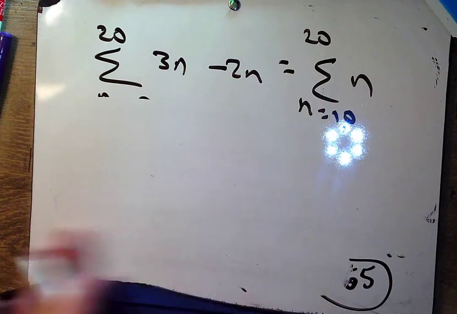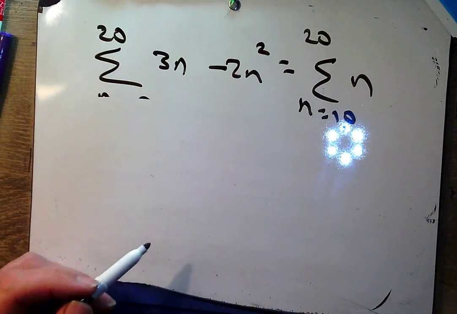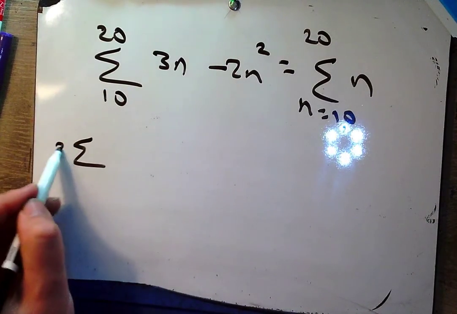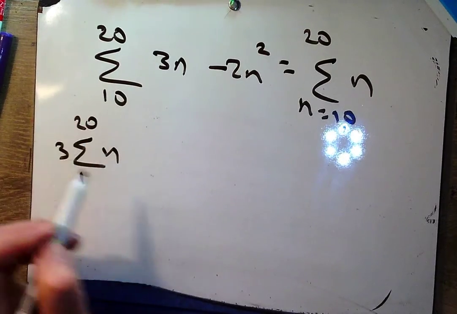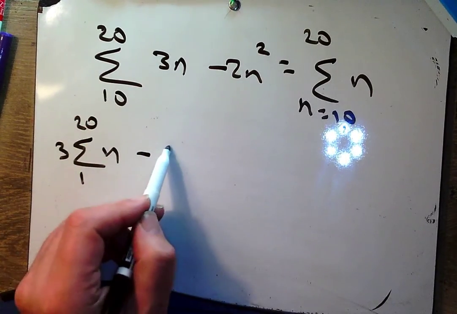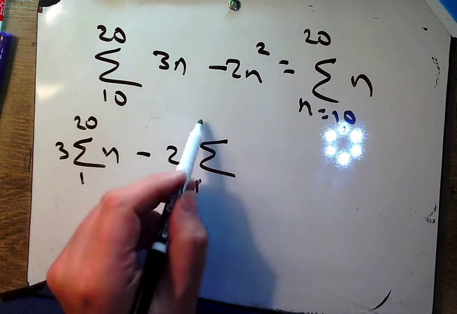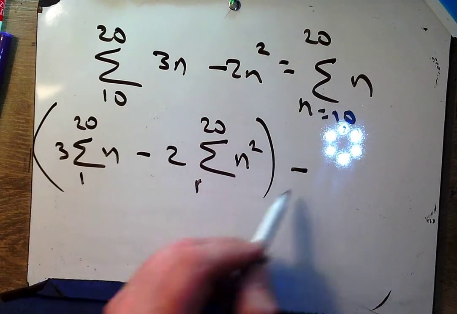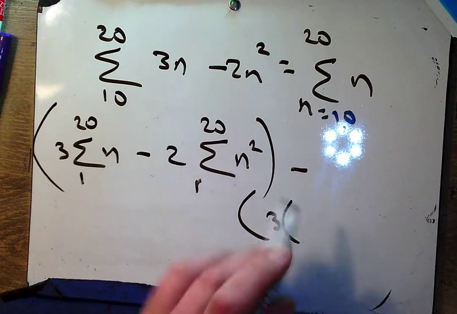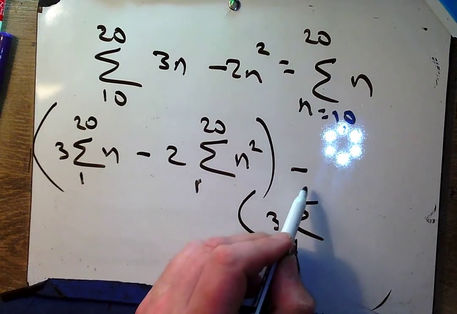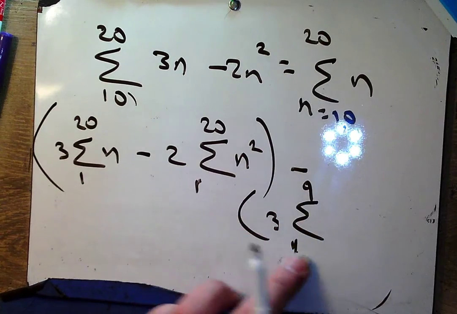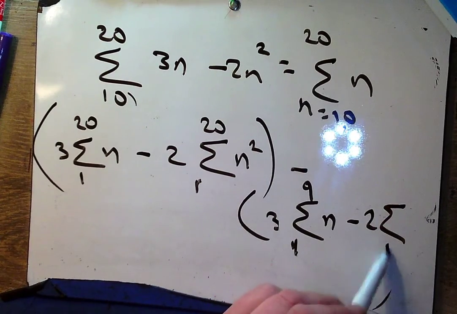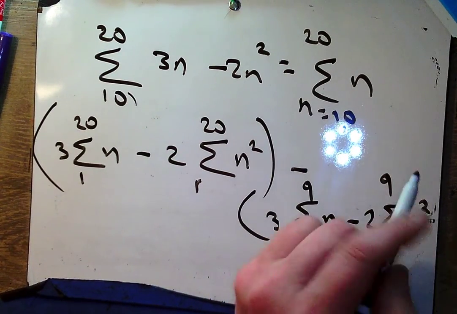Yeah, now let's try it with a squared here. That would be better. At least more likely to be a test question. So I'm going to have 3 times the sum of n from 1 to 20 minus 2 times the sum of n squared from 1 to 20. And I want to subtract from that 3 times the sum of n from 1 to 9, one less than this, minus 2 times the sum of n squared from 1 to 9.